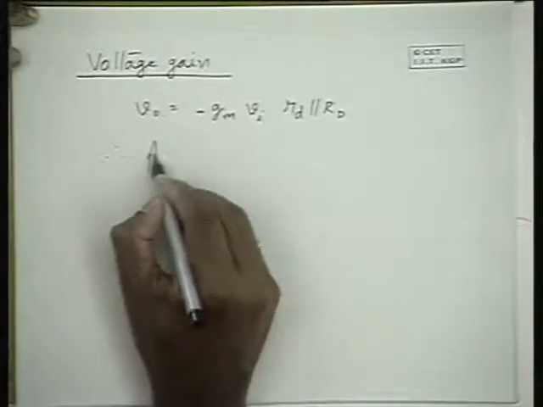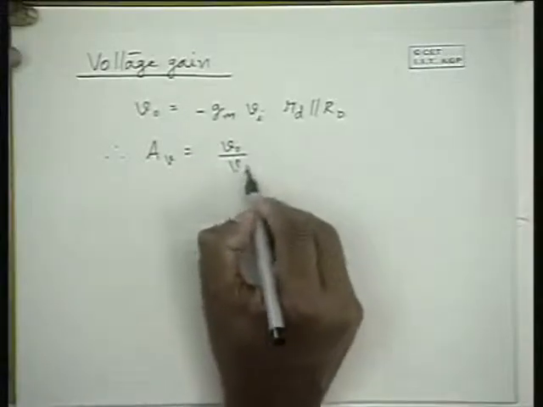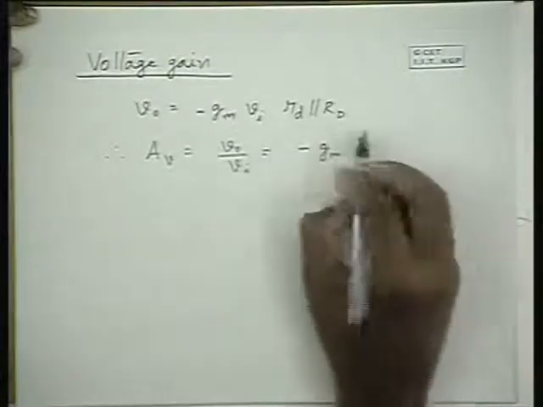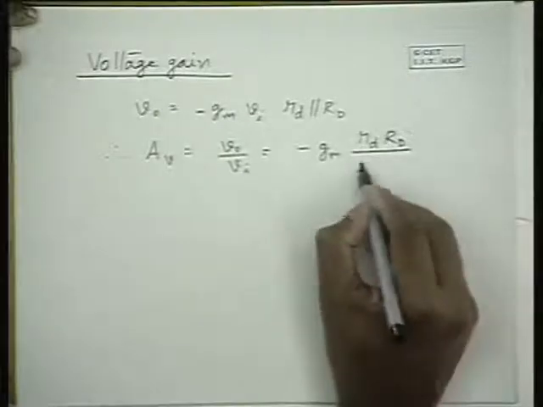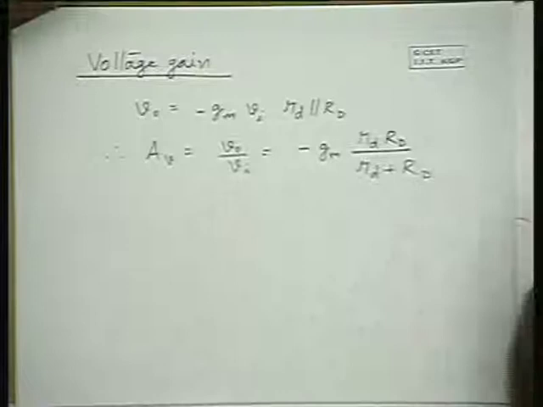Therefore, the voltage gain AV, which is given by V0 by VI, is equal to minus GM into rd into capital RD divided by rd plus capital RD. So this is the voltage gain.